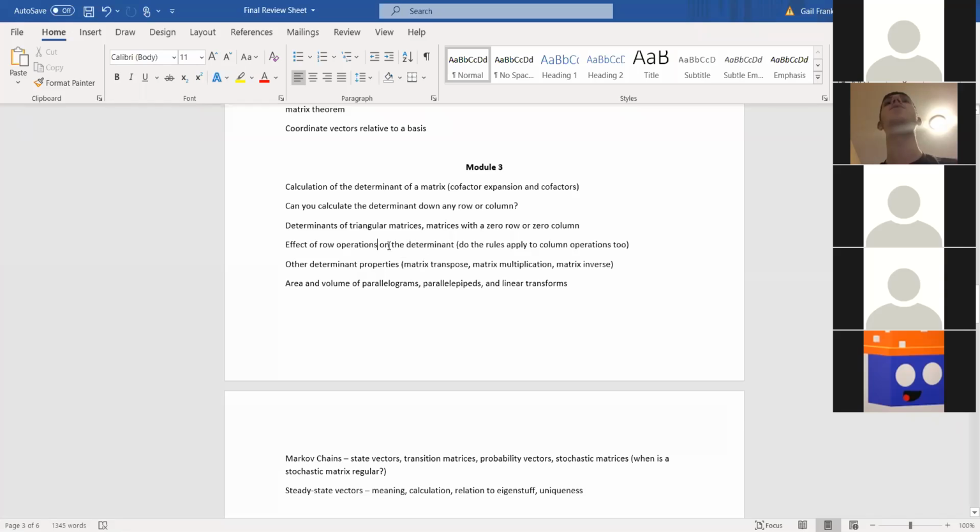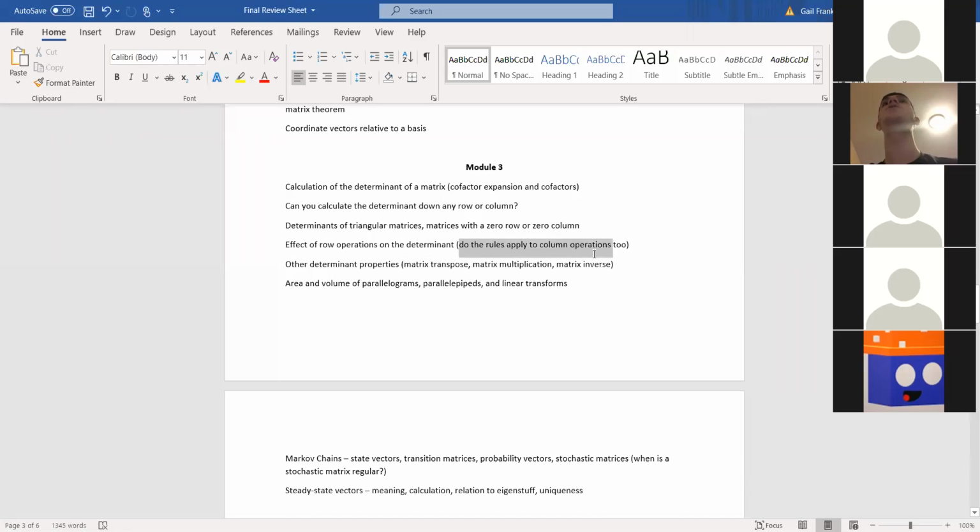And when you do row replacement, adding a multiple of one row to another, it doesn't change the determinant. So you could also find your determinant by getting down to echelon form and using the method for triangular matrices, if you want another way to find the determinant.